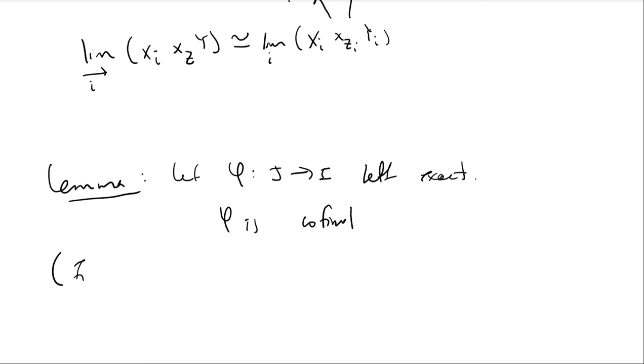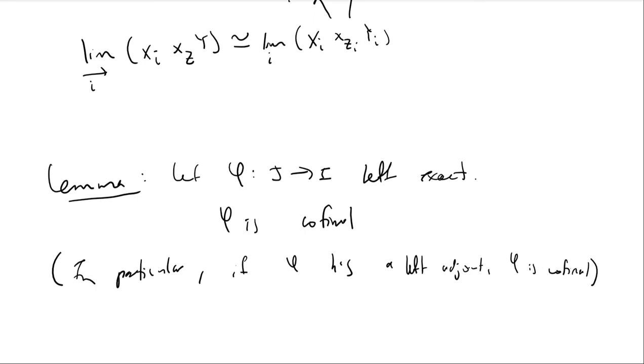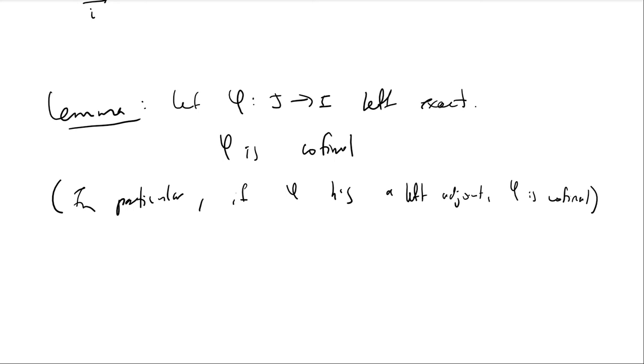And in particular, I'll put this maybe down here in parens, in particular, if phi has a left adjoint, phi is cofinal. Just combining what we did previously. And this is completely trivial. And just kidding, I'll say a few words.